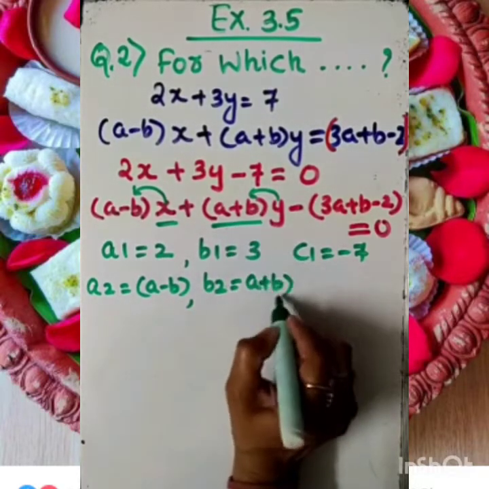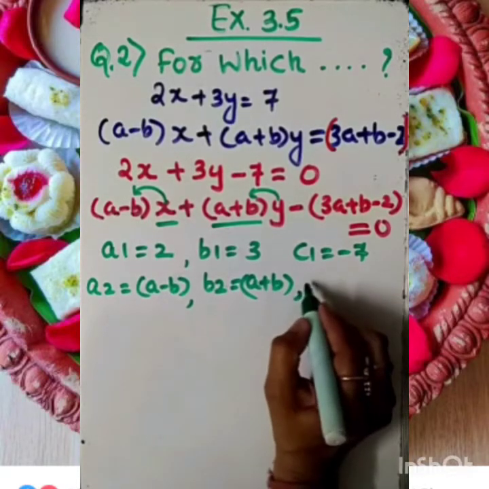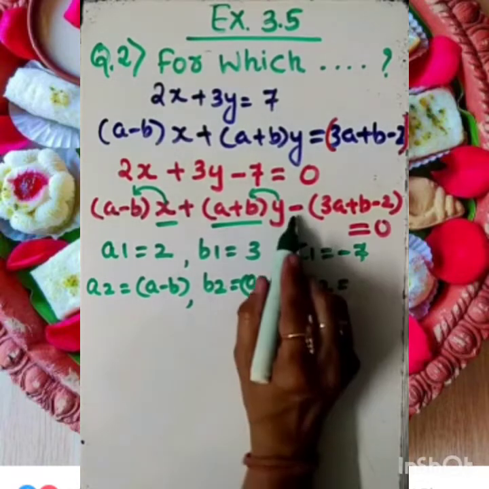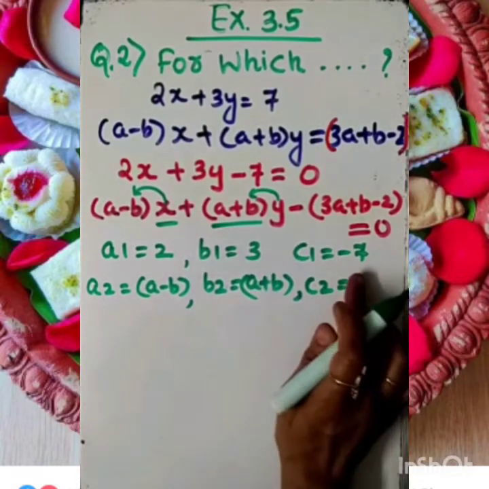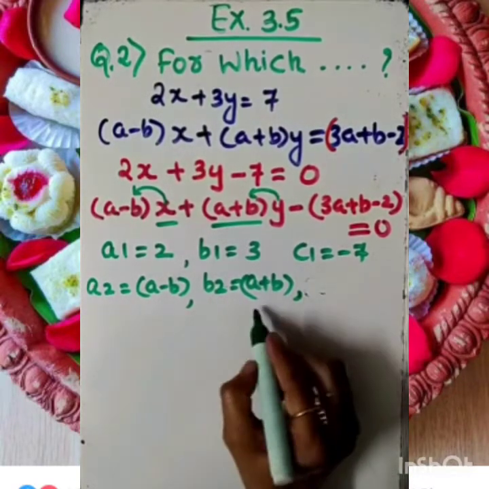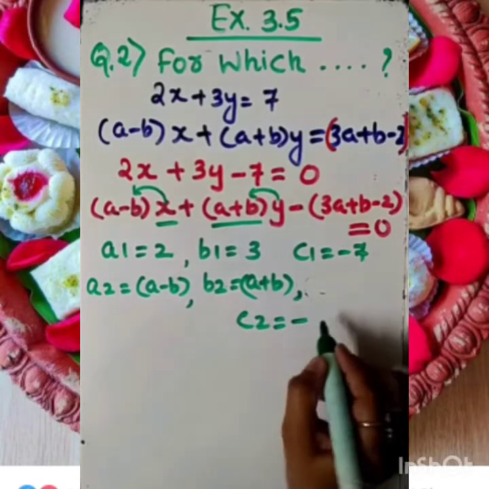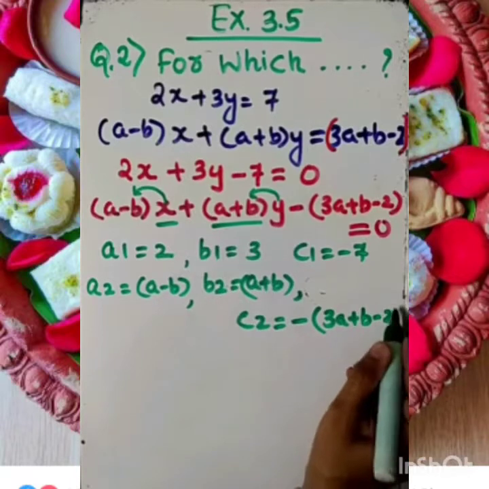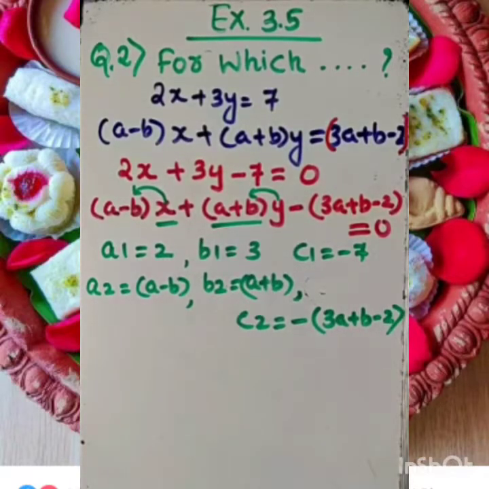Let me write it here. And of course c2 is the constant term along with the sign, so c2 equals minus (3a plus b minus 2), as it is. Fine.